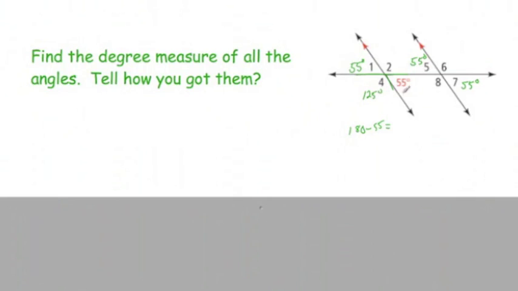Then likewise, if that's 125, angle 8 is corresponding, so that's got to be 125. 6 and 8 are vertical, so that's got to be 125. And then 2 and 4 are vertical, so that's got to be 125. All right? So you can see just by knowing that one fact, we have all our angles, which is actually kind of nice, you know.